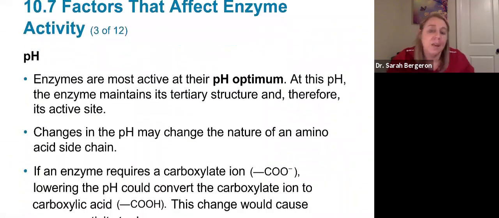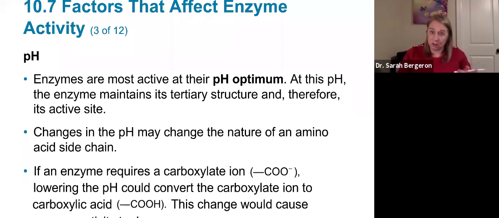So you have to look at substrate concentration as something that can affect the rate of reaction. The other one is pH. pH is really important, because if you change pH, we know this, you will change the protonation and deprotonation states of our side chains and of the N-terminus and C-terminus of our proteins. And so if you change the pH, you are actually going to change the tertiary structure of your proteins.